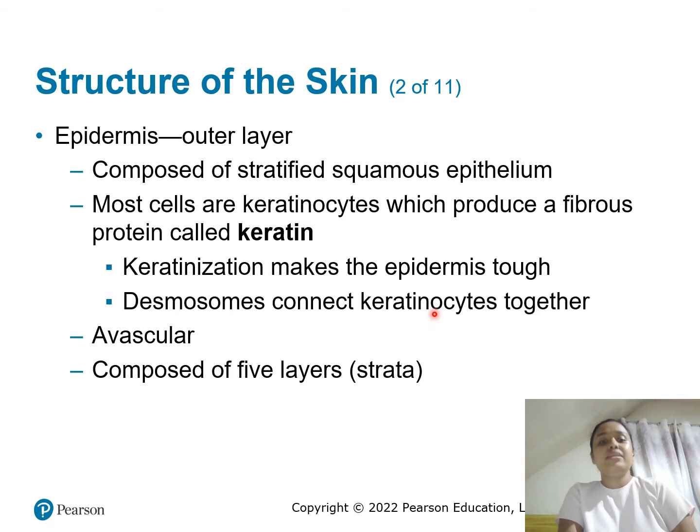The cell that makes keratin are called keratinocytes. The process is keratinization. The organelles that connect keratinocytes together are called desmosomes. Your skin is avascular and has 5 layers, as I mentioned earlier.